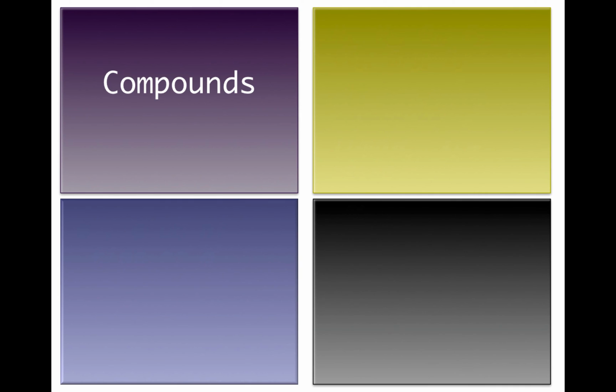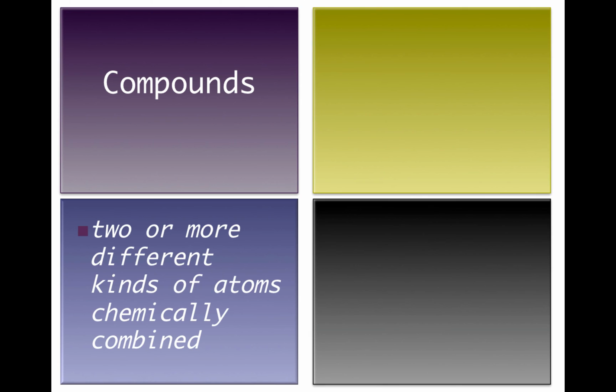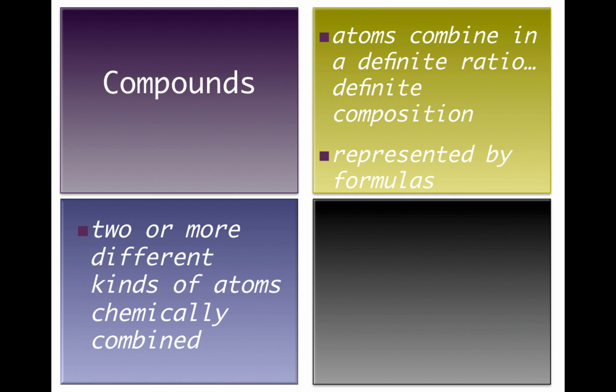Let's look at compounds. Compounds are made up of 2 or more different kinds of atoms chemically combined. The atoms combine in a definite ratio. In other words, compounds have a definite composition and are represented by formulas. For example, you all know that water is H2O.